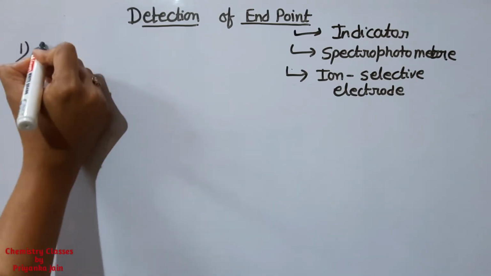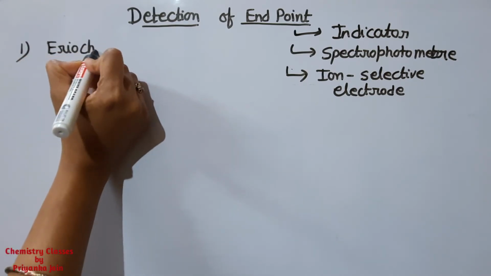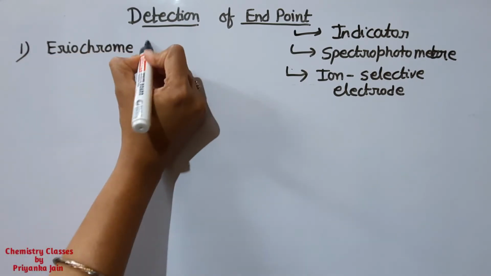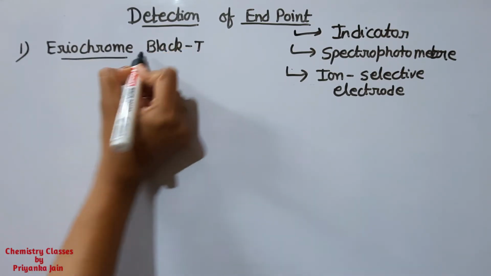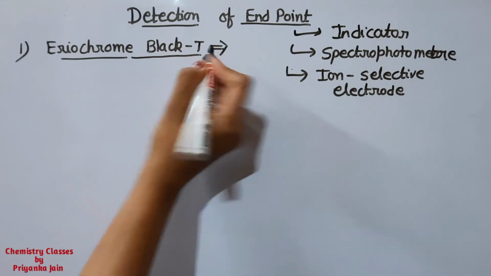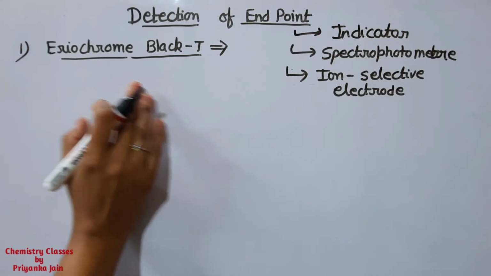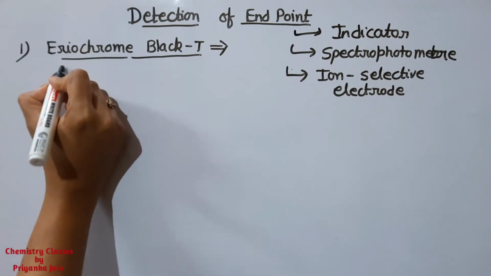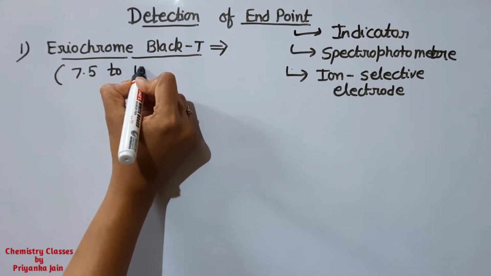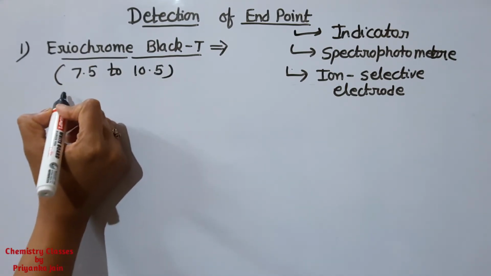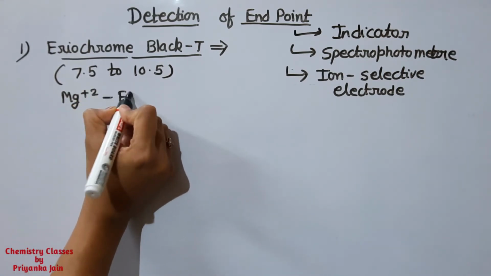The most common is Eriochrome Black T. We are seeing just the important things, not going deep into this. Eriochrome Black T is used in the pH range of 7.5 to 10.5, and it is most commonly used in the Mg+2 and EDTA titration.